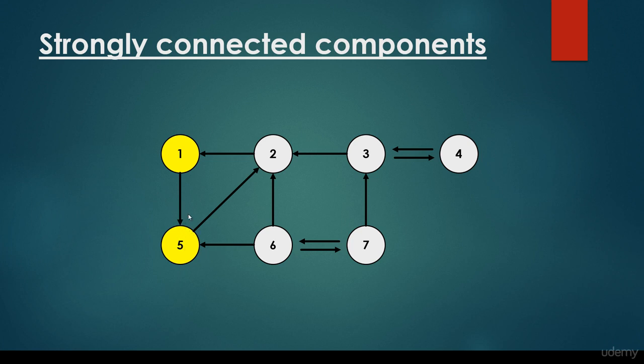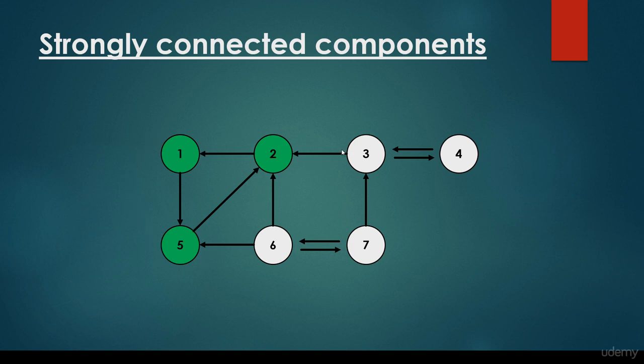We consider every single neighbor for vertex 5, which is the vertex 2 basically. And the vertex 2 has a single neighbor, the vertex 1. But we have already visited the vertex 1, so we can come to the conclusion that 2, 5 and 1 constitute the first strongly connected component.